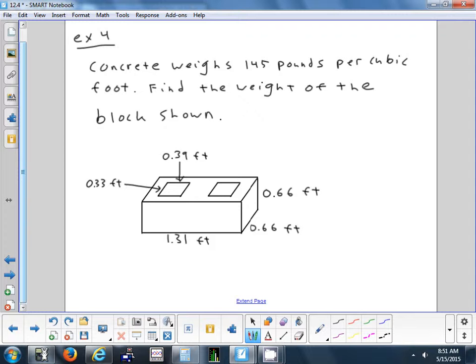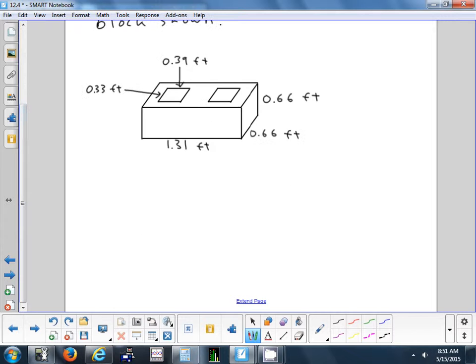You don't have to be specific with numbers, but can anybody give me the general approach? What would you have to do first, kind of step by step, to find the weight of this concrete block? Yep. Find the area or find the volume of the concrete itself. Like the whole block?